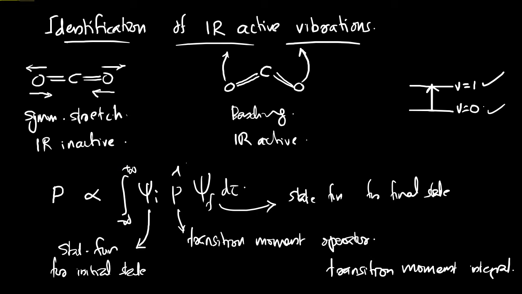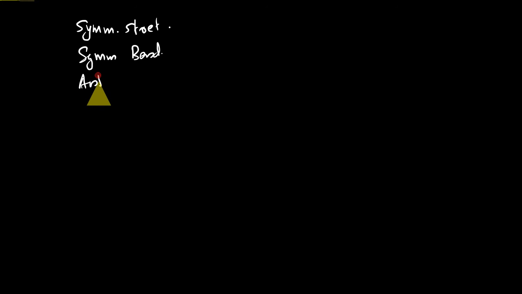For example, in the water molecule, you have 3 normal modes of vibration. These are symmetric stretching, then a symmetric bending vibration, and an anti-symmetric stretching vibration. And we have already assigned the symmetry species corresponding to these normal modes.